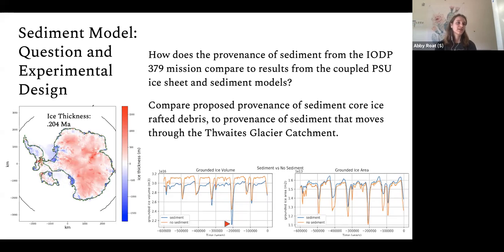The blue area is where the sediment model has thicker ice, and the red area is where just the ice sheet model has thicker ice. And so the sediment model looks like it has slightly more impact in West Antarctica and is much thinner in East Antarctica, but that's just an overall generalization from looking at this. So don't take my word for it. Next slide.